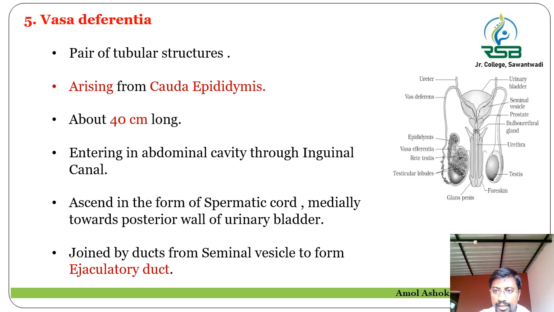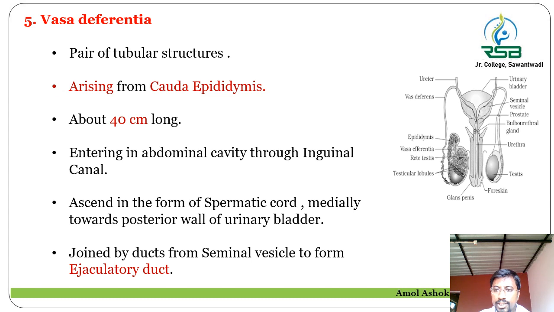deferens, and they join with each other with the help of the seminal vesicles, which are accessory sex glands, that is the seminal vesicle, prostate gland, and Cowper's gland, that we are going to discuss later.